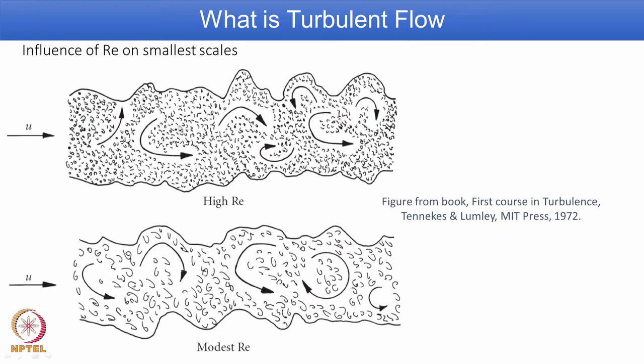So, the information from this sketch is as you increase the Reynolds number, the large eddy size is almost unaffected, whereas the smallest eddy that is possible becomes smaller and smaller as you go on increasing the Reynolds number.